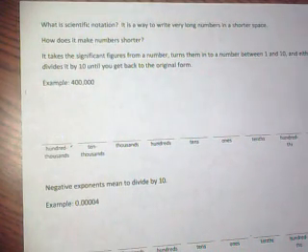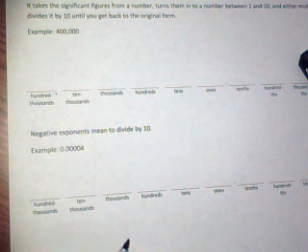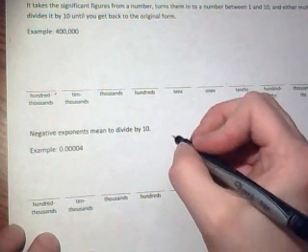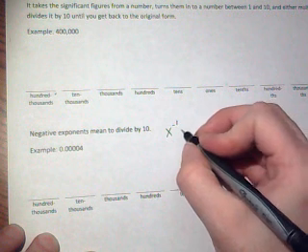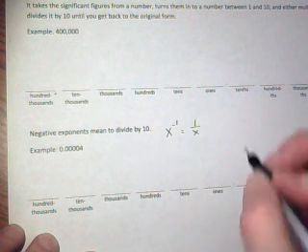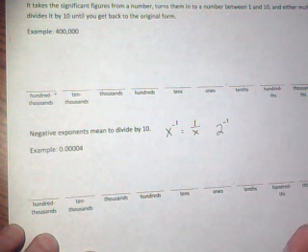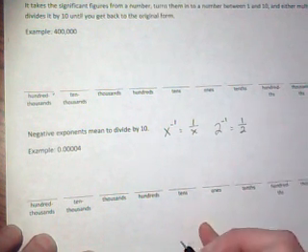Now we can do the same thing with very small numbers. We just make the exponents on that 10 negative, because negative exponents mean that you are dividing by 10. If that sounds confusing, let me bring you back to algebra for a second. If you had x to the negative 1, that's the same thing as saying 1 over x. If you have 2 to the negative 1, that's the same thing as saying 1 over 2.